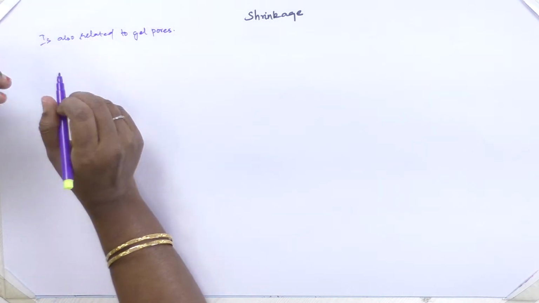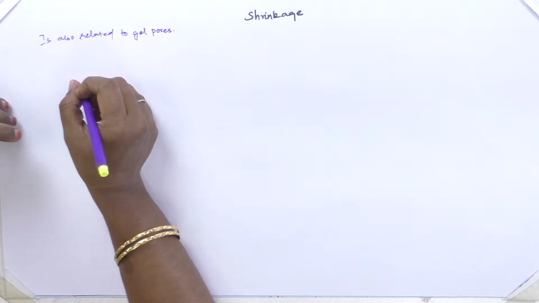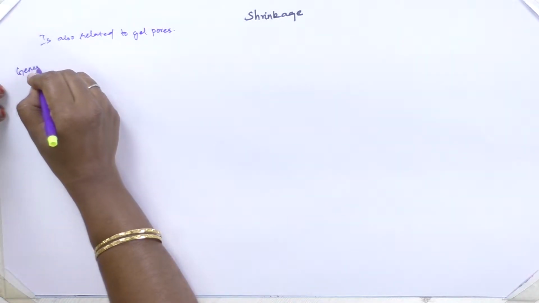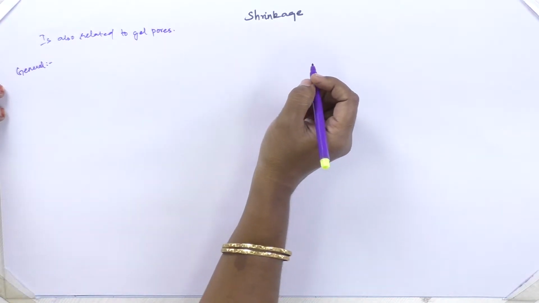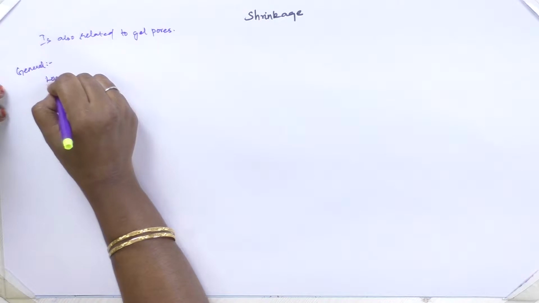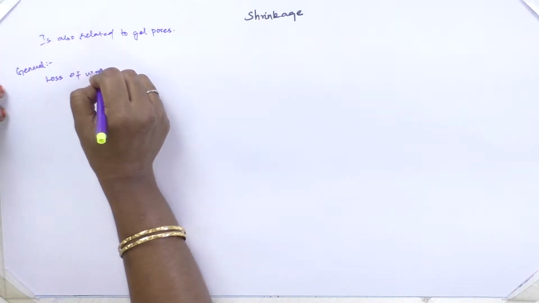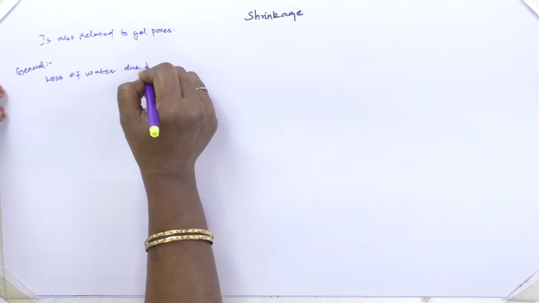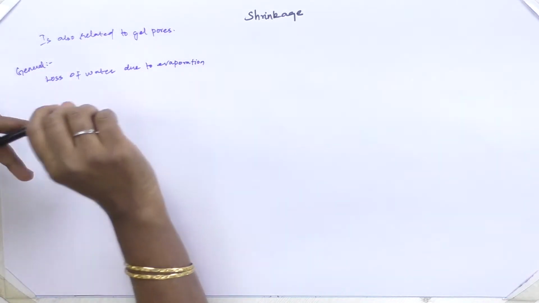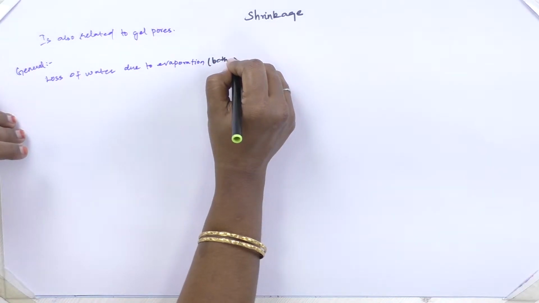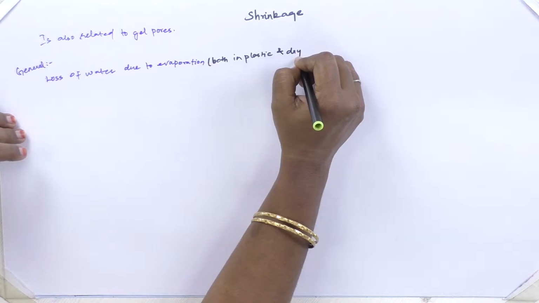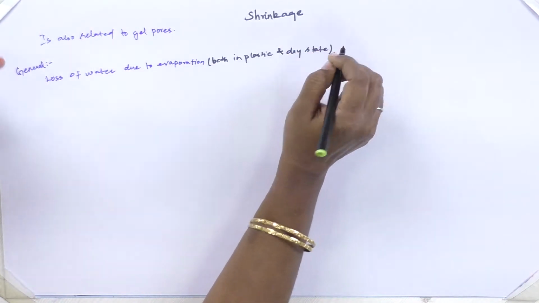In general, in concrete, shrinkage occurs due to the hydration reaction, that is, the loss of water due to evaporation, both in the plastic and dry state.